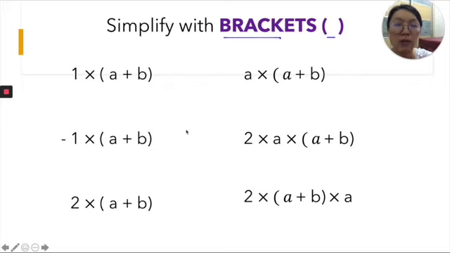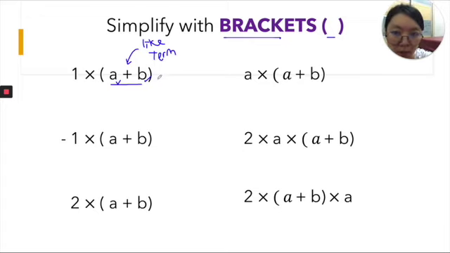Earlier on, we learned about simplifying with plus, minus, multiply. Now we're going to add on one more, brackets. In chapter 1, do brackets first, then multiply and divide, then add and subtract. Look at this. We solve whatever is inside the bracket first. A plus B. They're unknown and they're also plus in between. So when we see plus, we have to always check for like terms. What is like terms? Like terms are, check for the alphabets. Are the alphabets exactly the same? There's A here, there's B here. No, they're not the same alphabet.